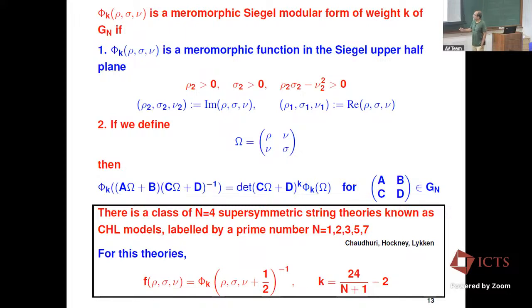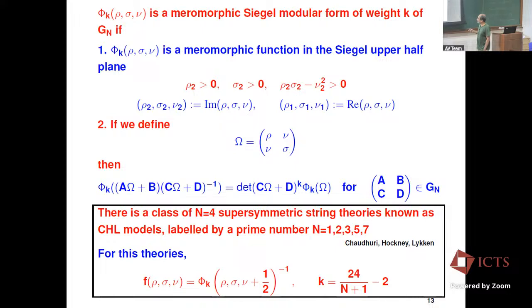Okay, so now let me define the Siegel modular forms. We'll be considering holomorphic Siegel modular forms. So this is a holomorphic Siegel modular form of weight k of Gn, if the following conditions are satisfied. First, it's a holomorphic function in the Siegel upper half plane, which is defined here.